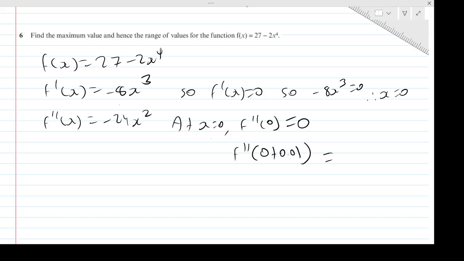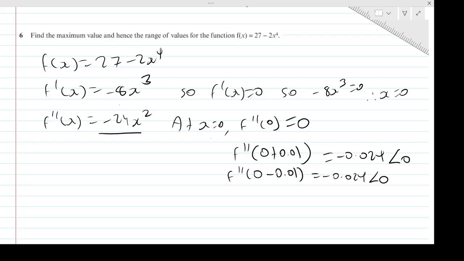If we substitute 0.01 into here, so minus 24 times 0.01 squared, we get minus 0.0024. Okay, that's negative, right? Also, if the second derivative is less than 0.01, we actually get the same answer.